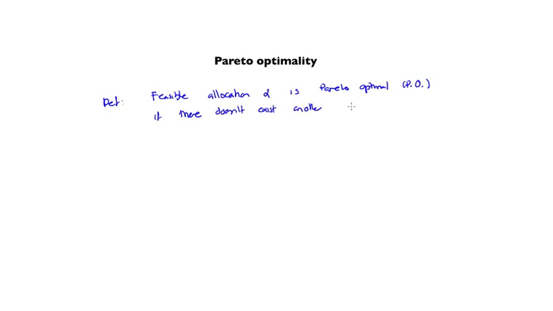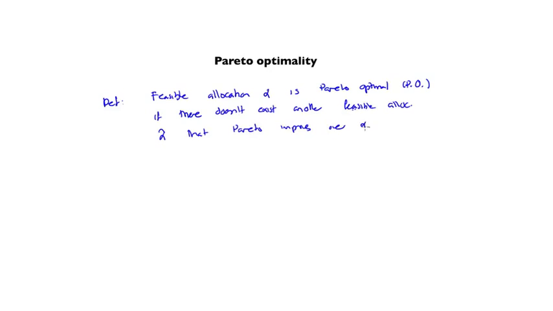Now we're ready to define the notion of Pareto optimality. So definition: a feasible allocation alpha is Pareto optimal, and we will sometimes abbreviate this as PO, if there doesn't exist another feasible allocation alpha hat that Pareto improves over alpha.